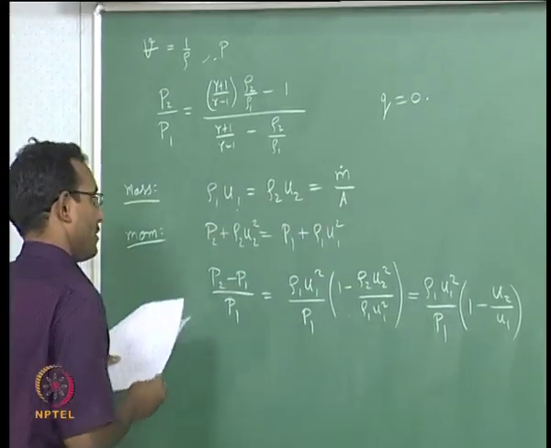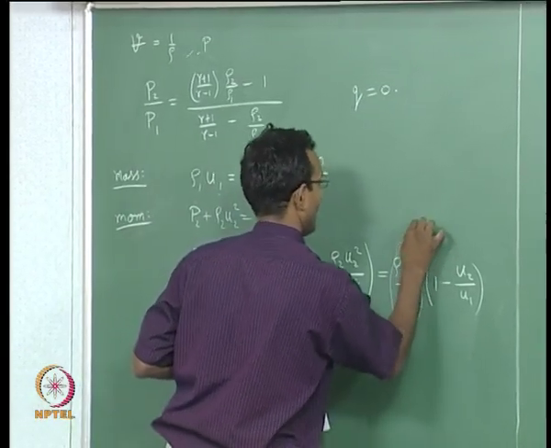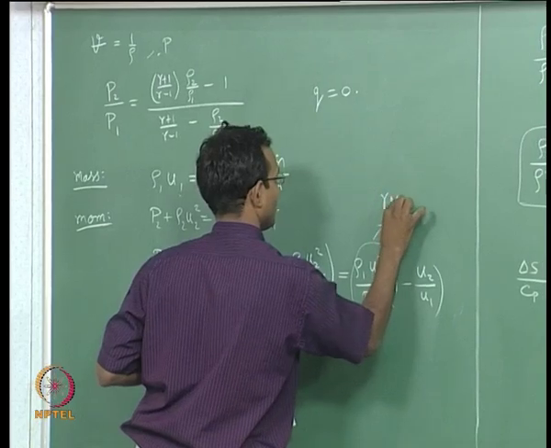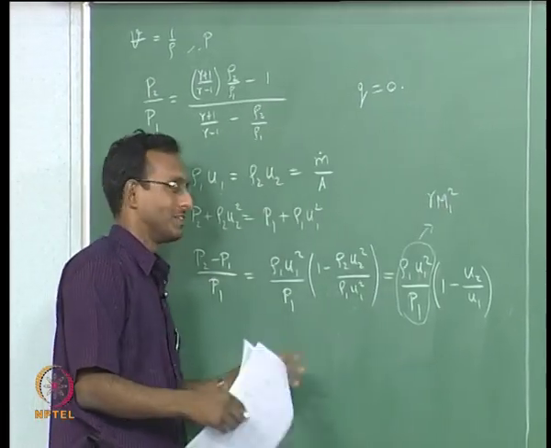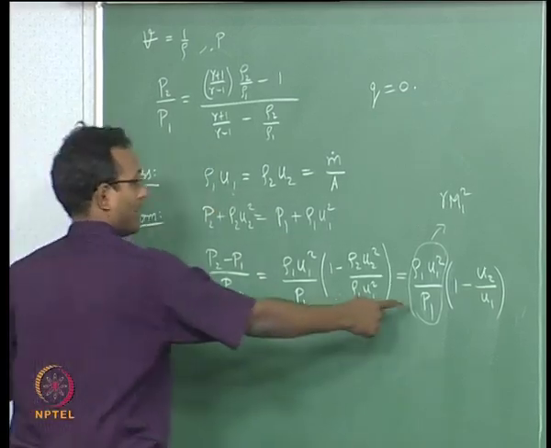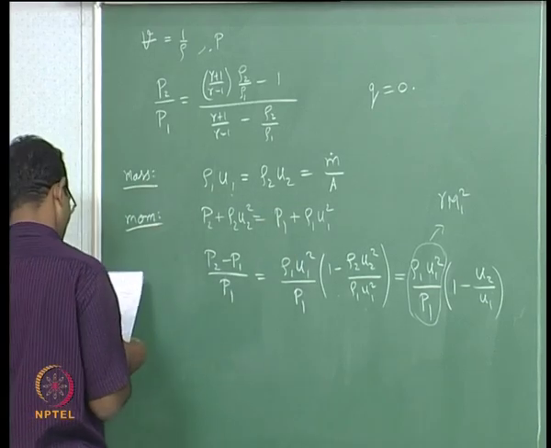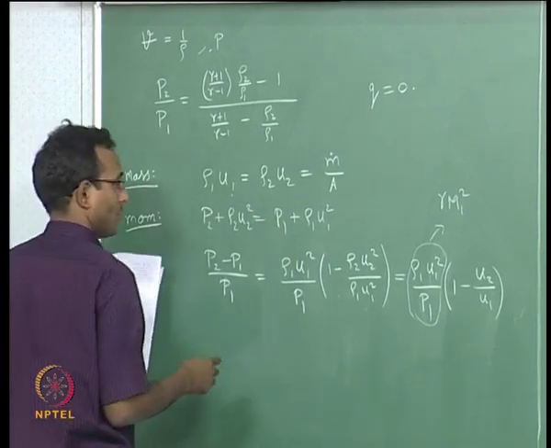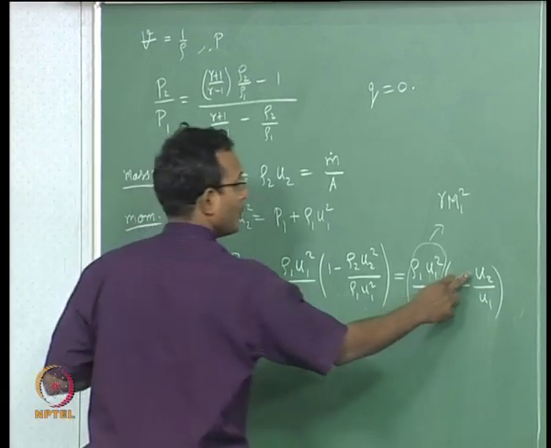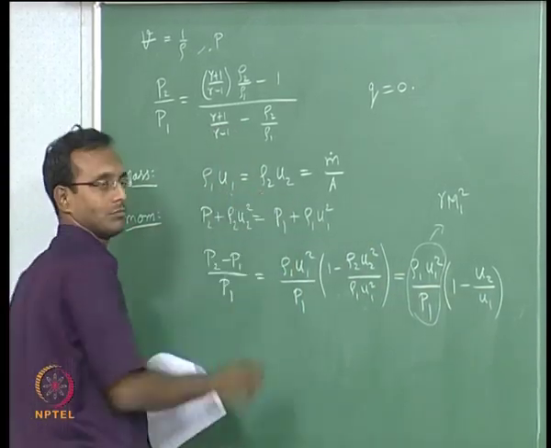Okay. Now of course we have been doing this a lot, this particular term will directly become gamma M1 square. Okay, we have been doing this the last few days, a lot of it. Okay, you can directly see P by rho is RT, and then you multiply and divide by gamma, you get to that expression. Okay. So now u2 by u1 from the mass equation is rho 1 by rho 2.